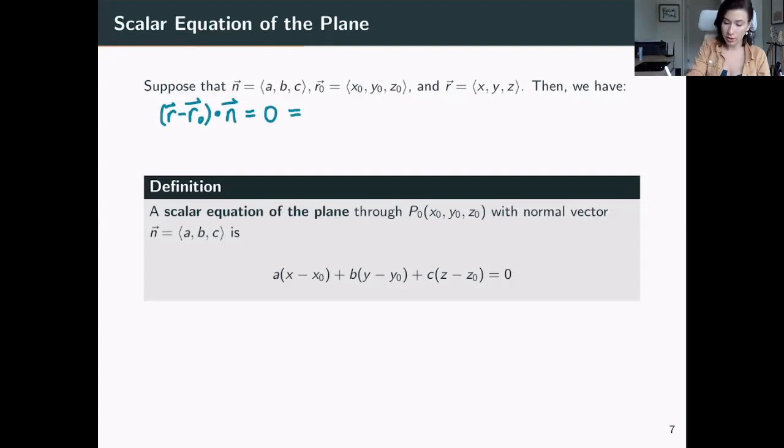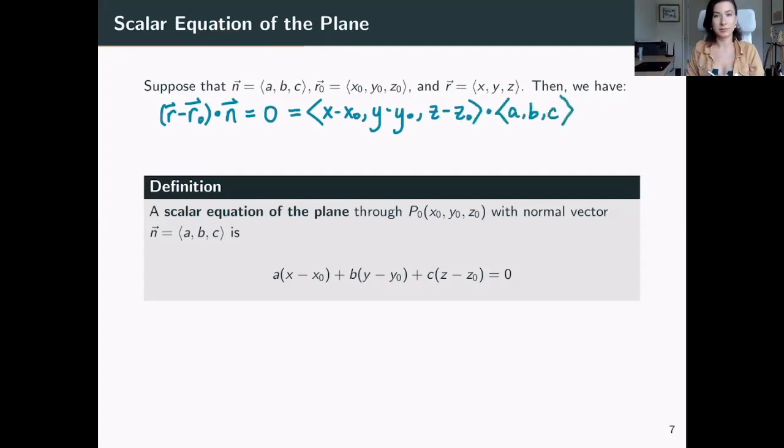R minus R0 is going to be equal to (x minus x0, y minus y0, z minus z0), dotted with the vector (a, b, c).